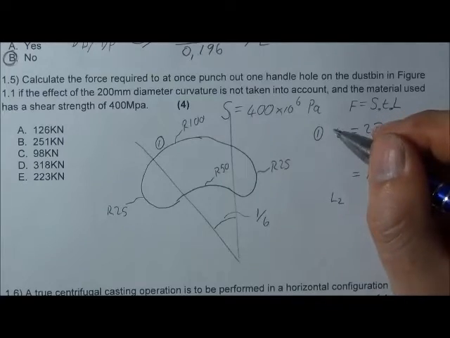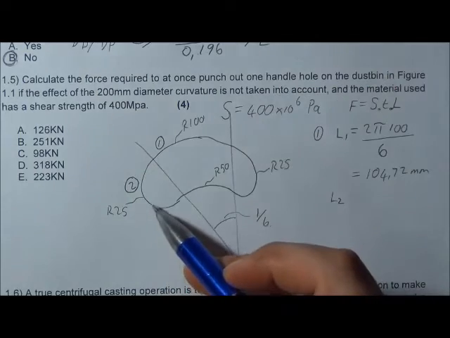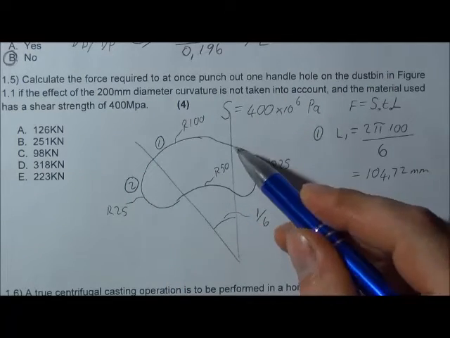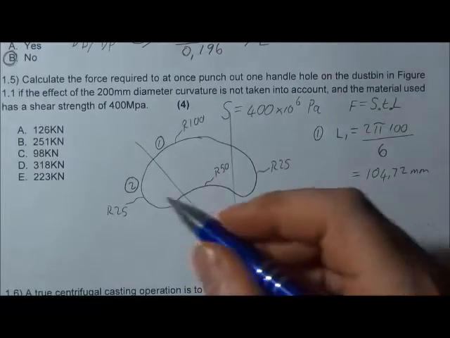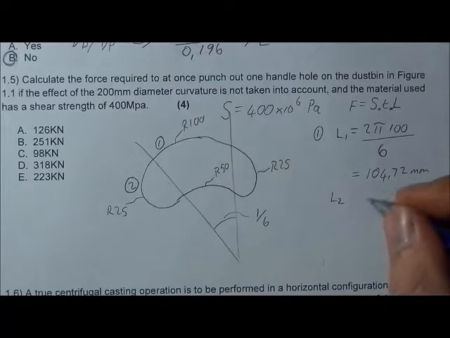L2 is this half circle on this side and the half circle on the other side. So together these two halves make a complete circle.